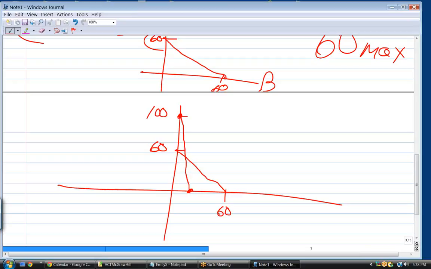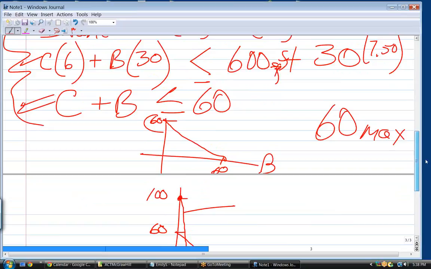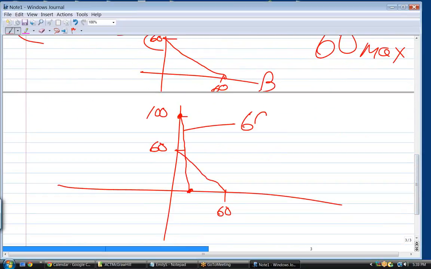Can we do that again? Yeah. This inequality is 6C plus 30B is less than or equal to 600.